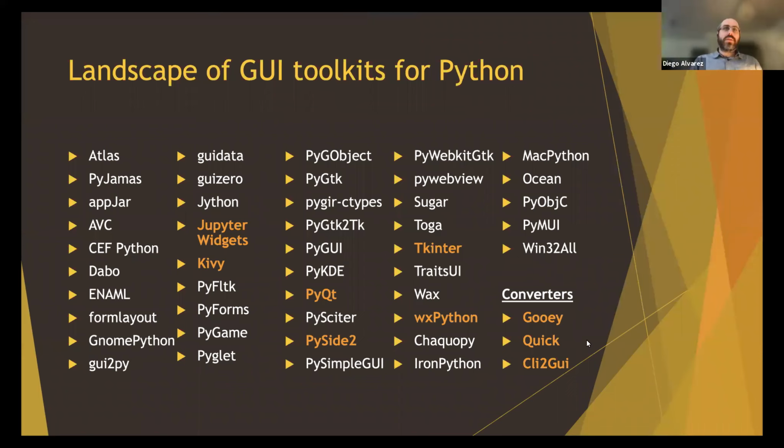So this is an example of all the things that I have found that are GUI toolkits for Python. There are quite a few developed over the years for different purposes, related to different underlying graphics libraries. Some of them are only for Windows, some of them are only for MacOS, some of them are only for Linux.